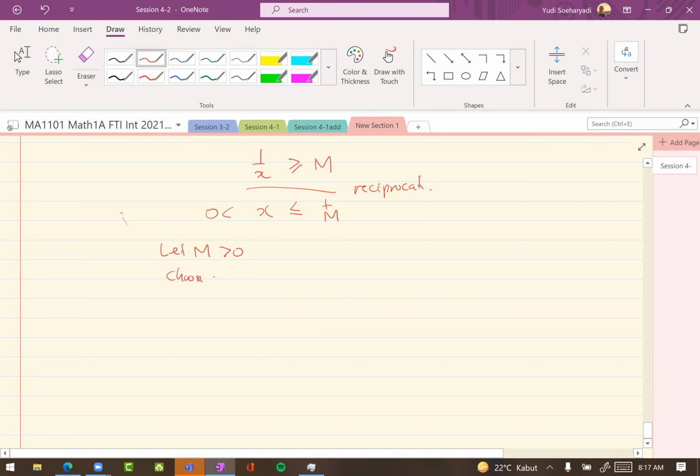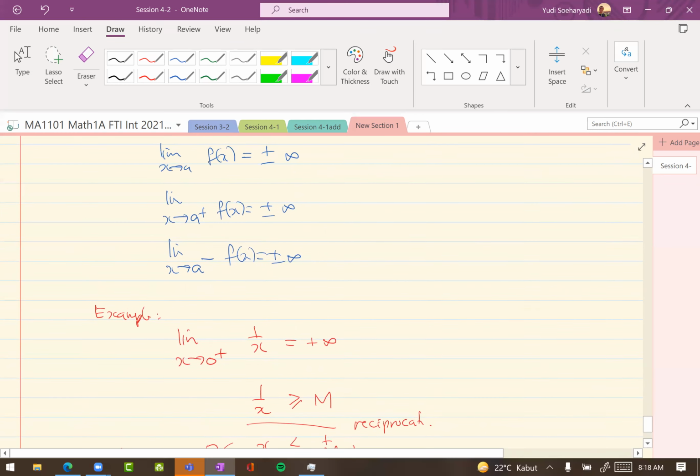So we choose delta to be 1 over M. Then if x is not 0, you cannot divide by 0, and x is less than delta, then what happens to this one? 1 over x is larger than 1 over delta, which is M. So then this is what you have.